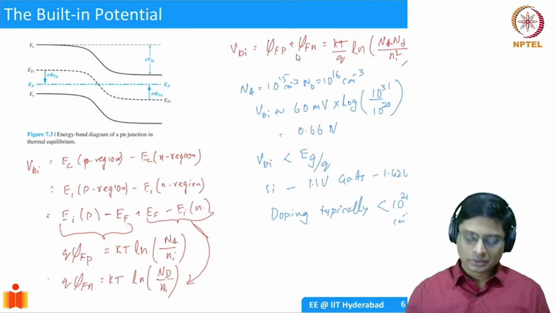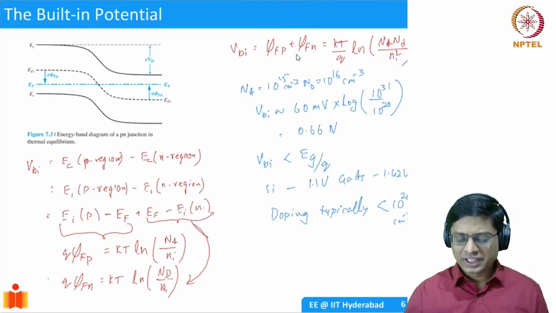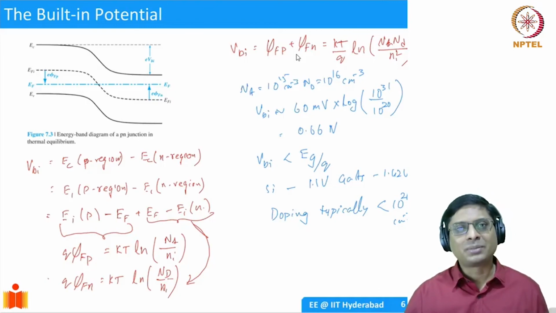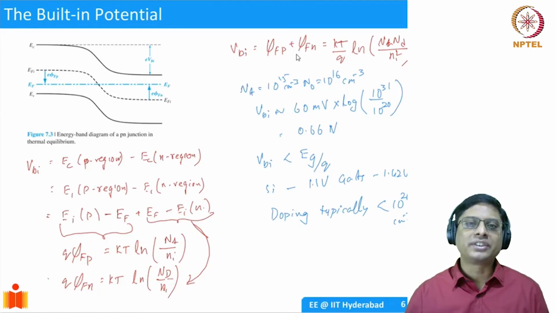So we don't really go for high doping. There are also other complications, such as, we assumed that donors and acceptors are completely ionized so far in this course. But if you go to high concentrations, they are not fully ionized. Only some of them are ionized, and the ionization fraction reduces as you go to higher and higher concentrations. So there is no point in increasing the doping density beyond 10 power 20, unless there's something very specific you want, or you want to make it into a silicide or something.